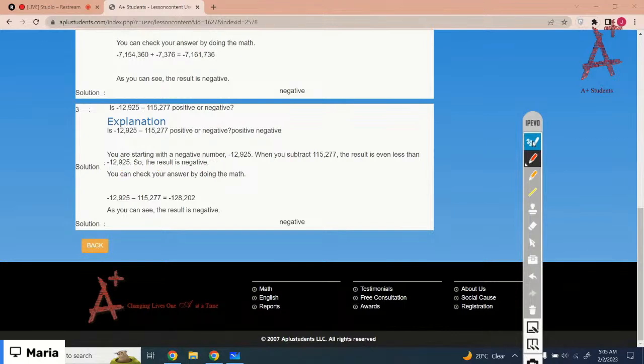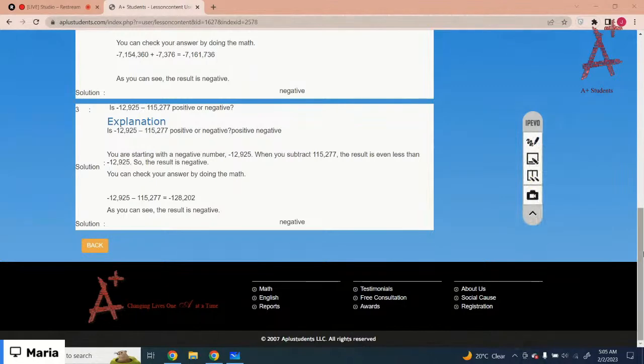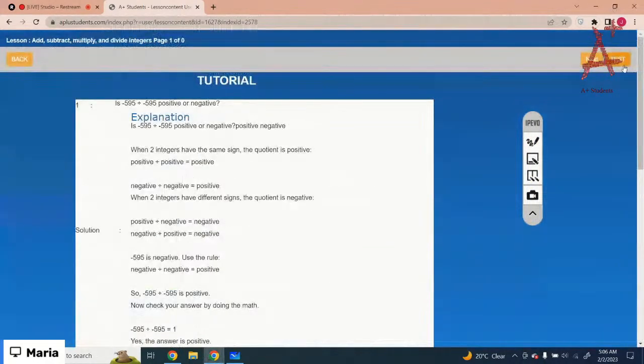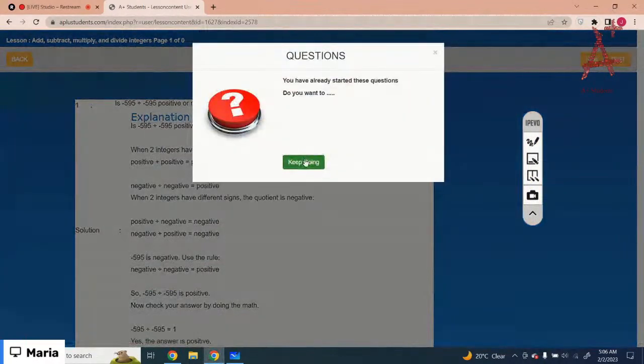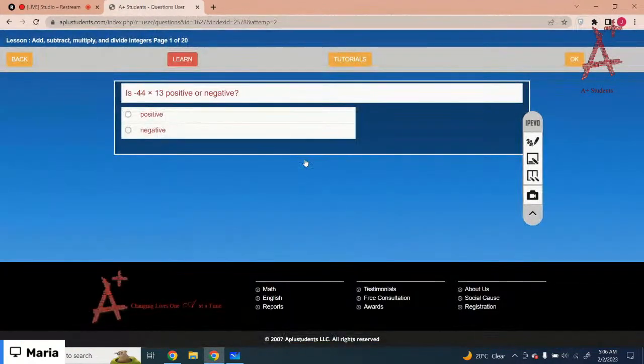Let's start with the test questions. Okay. Is negative 44 times 13 positive or negative? Now you're multiplying a positive and a negative number. So when multiplying integers, you have to note down two very important points.